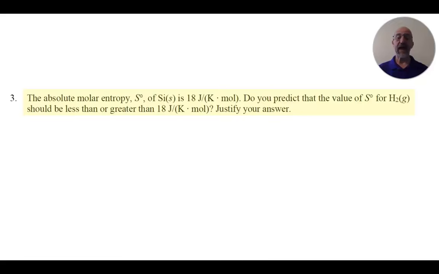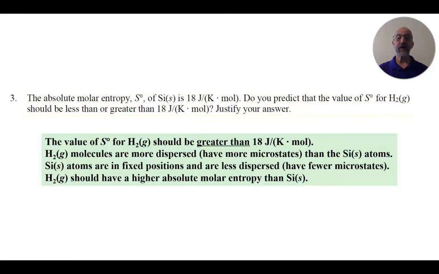So take a look at my answer to question 3, and you'll see that I used a similar type of phrase that I had mentioned in question 2, talking about the particles. So this is what I said for question 3. Well, the value of the absolute molar entropy for gaseous hydrogen should be greater than 18 joules per Kelvin mole.